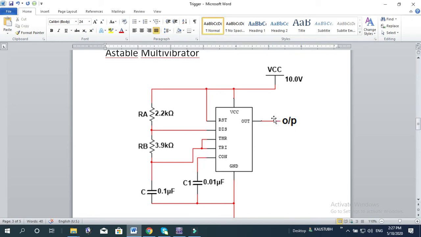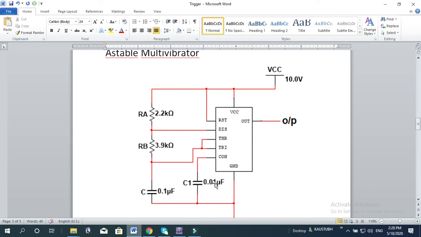Pin number 3 is the output. Externally RA and RB are connected this way, and the capacitor C. These three, RA, RB and C, are responsible for defining the on time and off time of the output pulse.